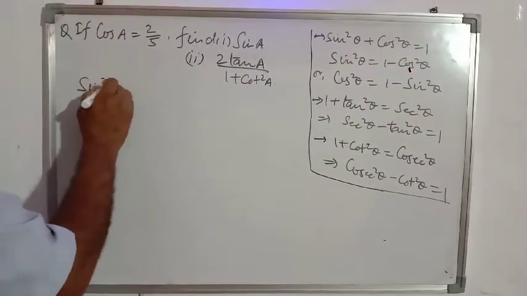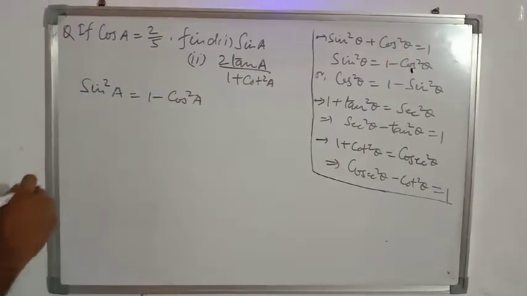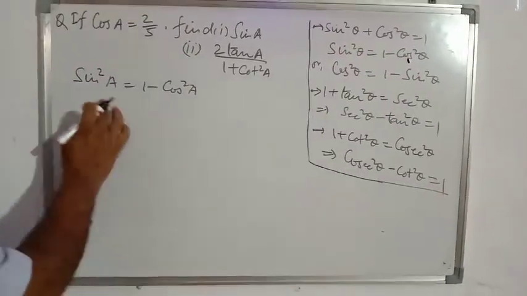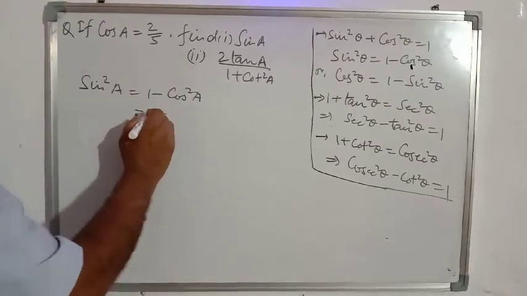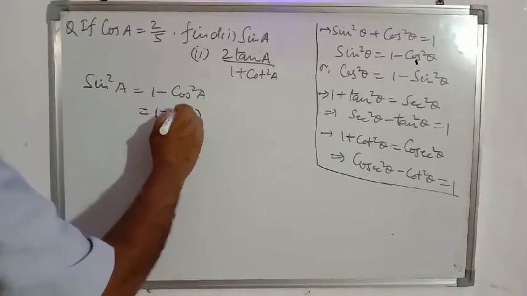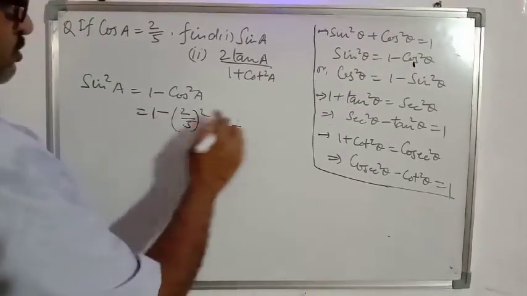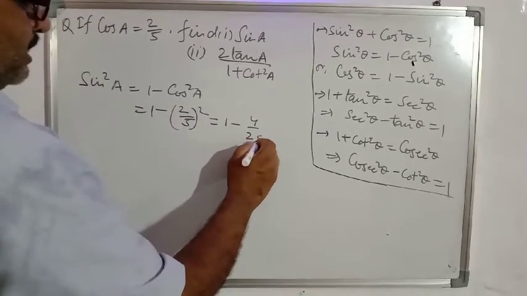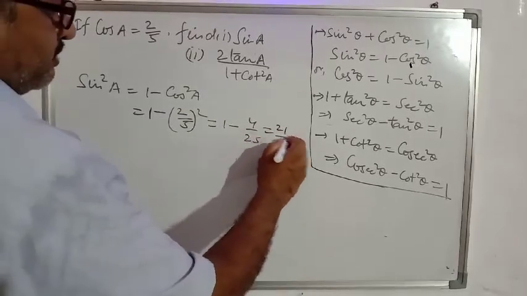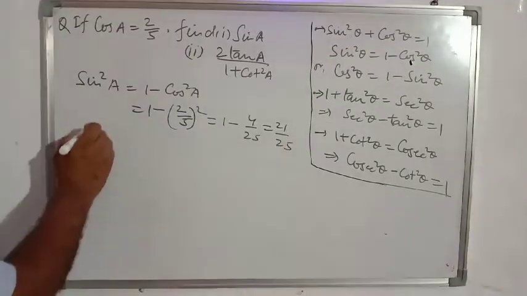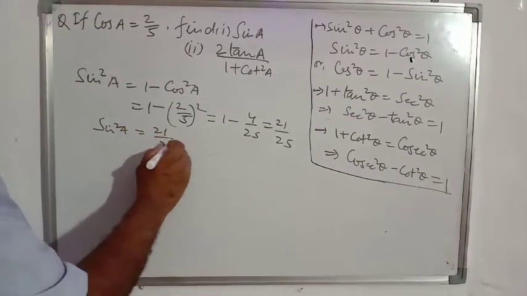So we can write sin square A is equal to 1 minus cos square A. The value of cos A is given as 2 by 5, so it will be 1 minus (2 by 5) whole square. 1 minus 4 upon 25, that is 25 minus 4, 21 by 25. So sin square A is equal to 21 by 25.